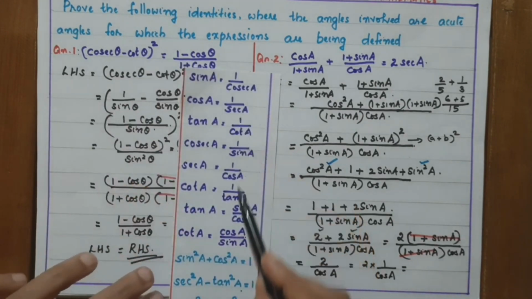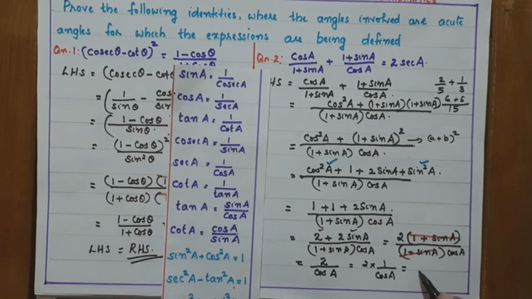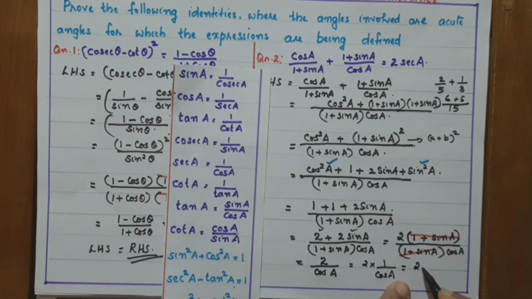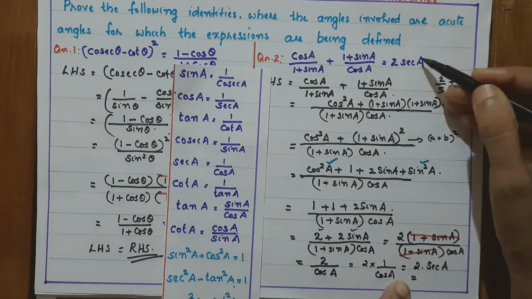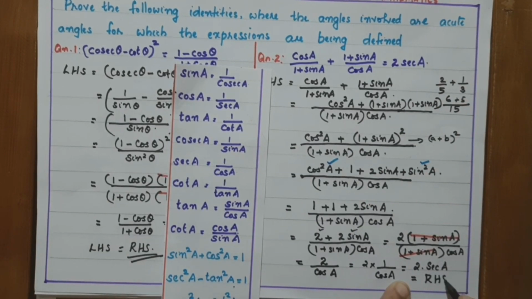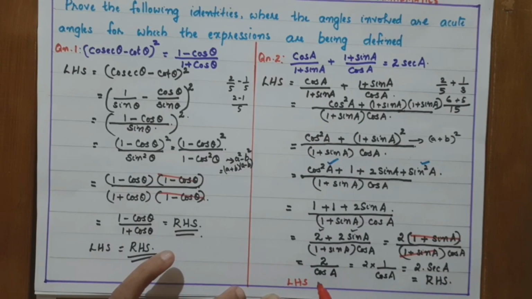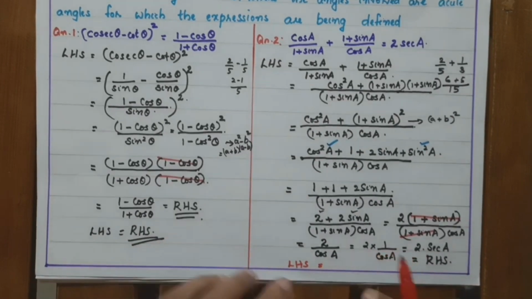See, what is 1 by cos A? 1 by cos A is sec A. So we can write 2 into sec A. So that is our RHS, isn't it? 2 sec A is our RHS. So what did we prove? We started with the LHS and finally we got the RHS. So we proved LHS is equal to RHS.